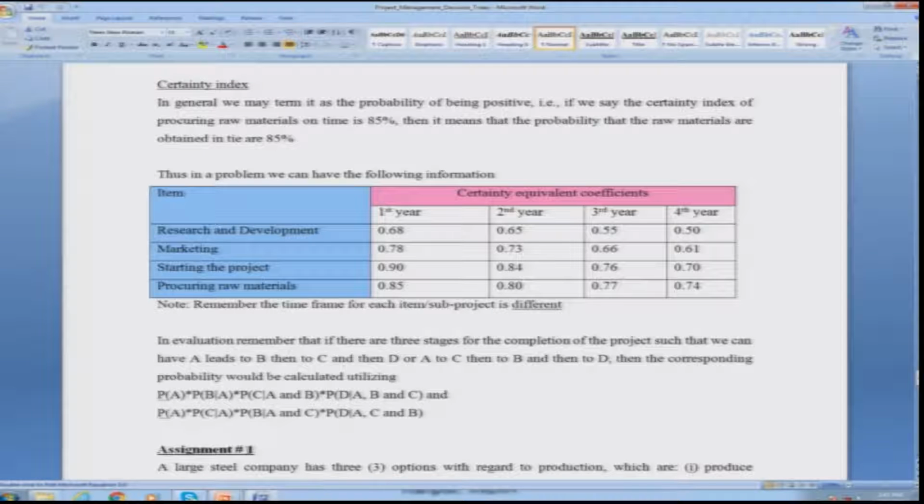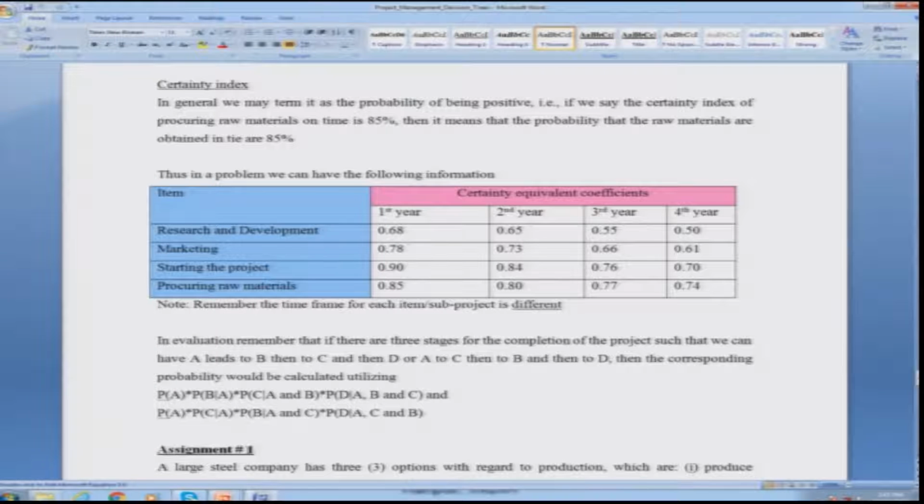Say for example, for research and development, values are given like 0.68, or for starting the project at time t, and for the kth project, say this is the third project and I am trying to find out the certainty value of starting the project in the third year, then the value of alpha kt, for k equal to third project, t equal to third year, will be 76% or 0.76. So, you have the values accordingly.